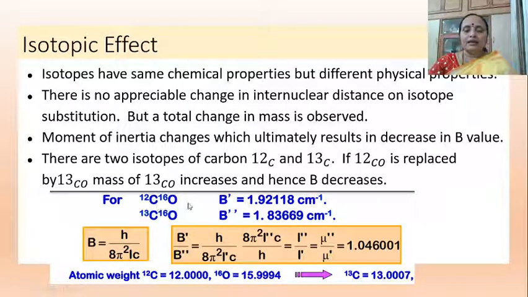That is, in carbon monoxide with isotope 12, the rotational constant is 1.9211 centimeter inverse. But when carbon 12 is replaced by carbon 13, the rotational constant decreases to 1.83669 centimeter inverse.